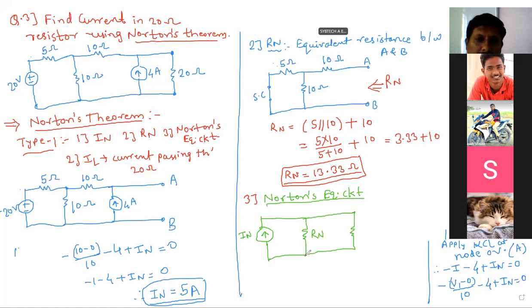And you have to connect the load resistor. Load resistor is 20 ohm between A and B terminal. This part is called as Norton's equivalent circuit. So IN, you can write down the value of IN, 5 ampere. RN value is 13.33 ohm.